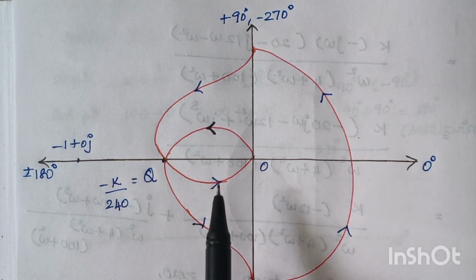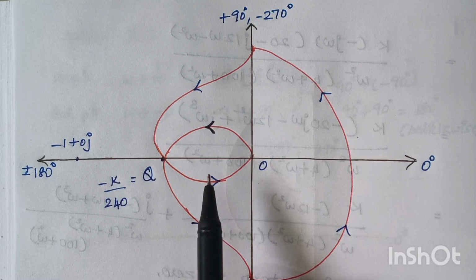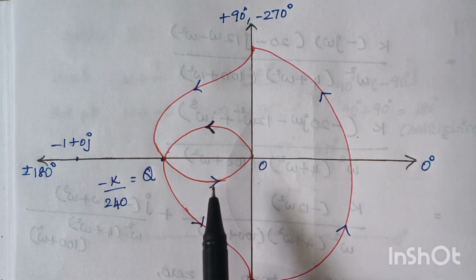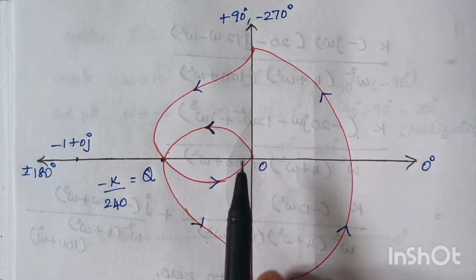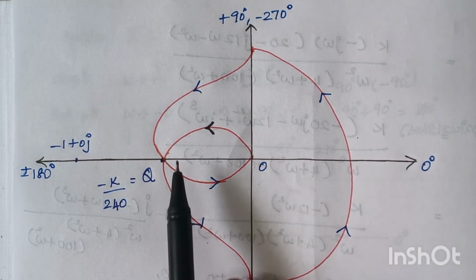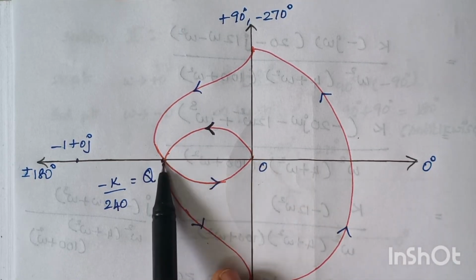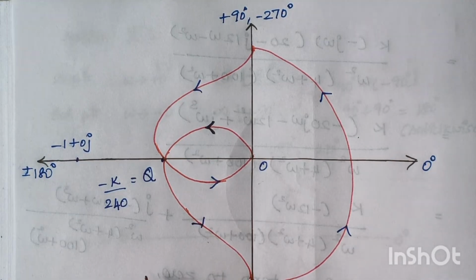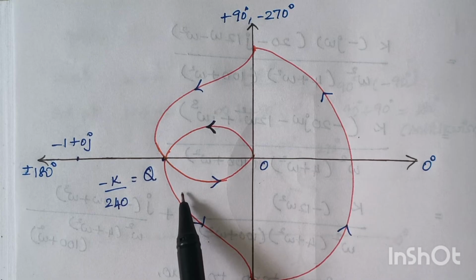Because here the number of encirclements is defined with respect to a particular point, minus 1. So for stability by step 2, the number of encirclement is 0, right? So what it means is that the diagram which you had drawn should not encircle, should not cover the minus 1 point, or in other words, this minus 1 point should not lie here. For a system to be stable, it should lie somewhere outside, right? So this is the condition. Am I making the concept clear?